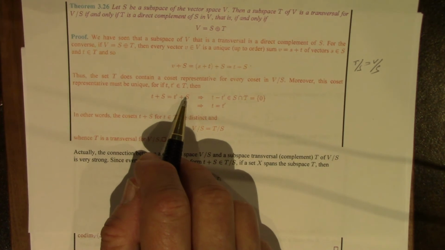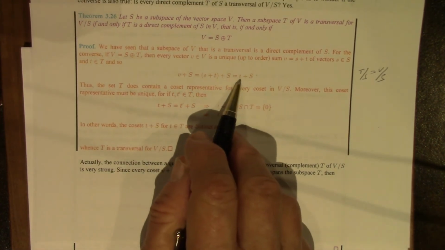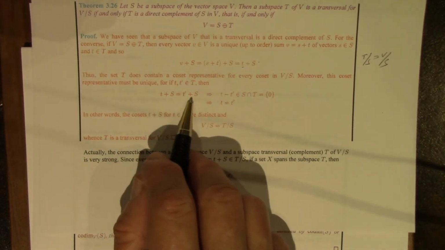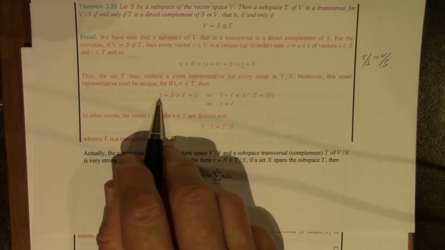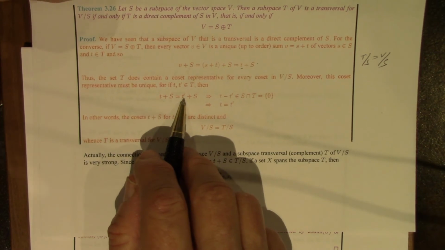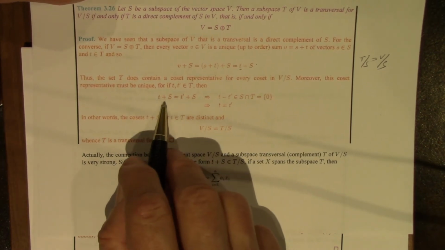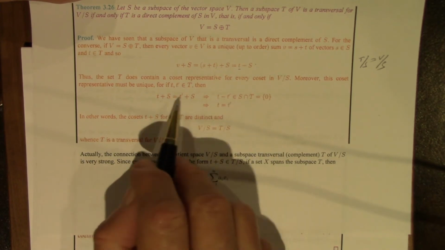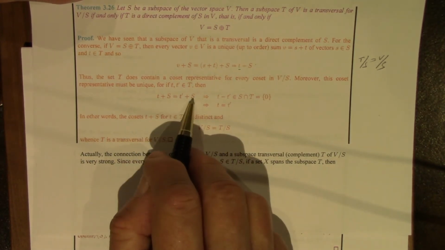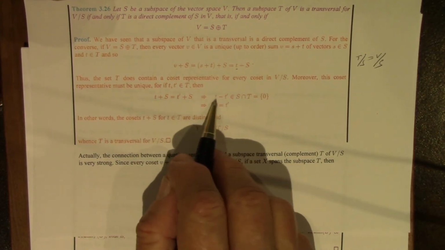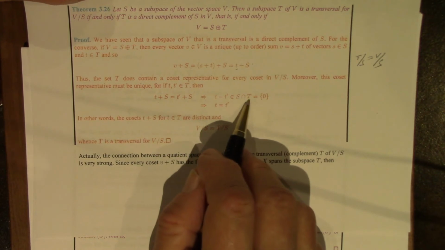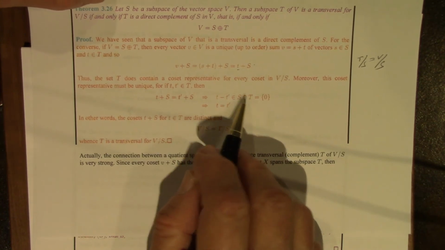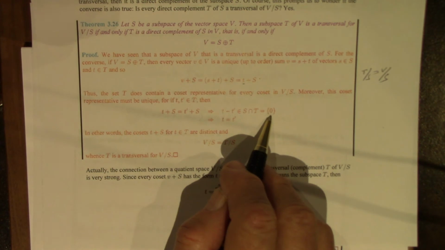But also, little t is unique because if we have two cosets with representatives t and t prime from the complement capital T, and those are the same coset, then t minus t prime belongs to S because of this condition, but it also belongs to T because T is a subspace of V. So it belongs to the intersection, but because this sum is direct, that intersection is trivial.